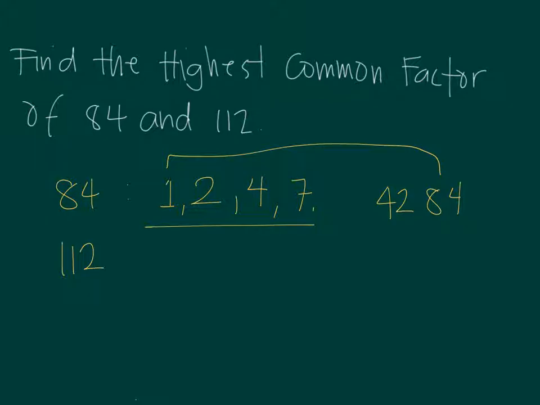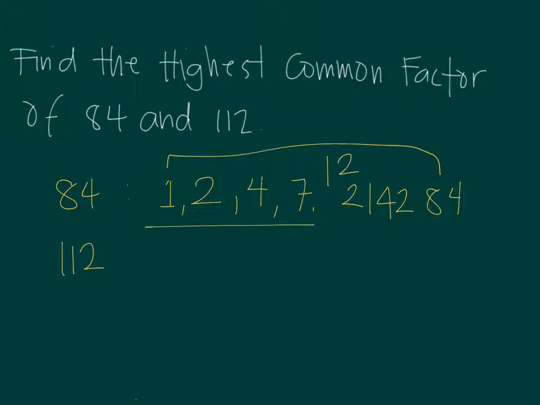What about 4? 21. What about 7? 12. Do we still have other numbers in between 7 and 12 that will make 84?